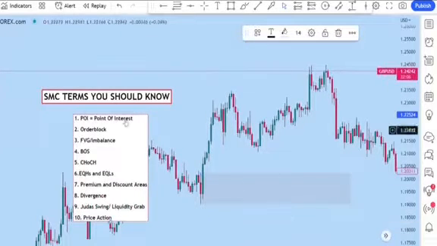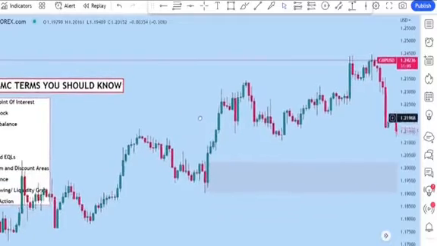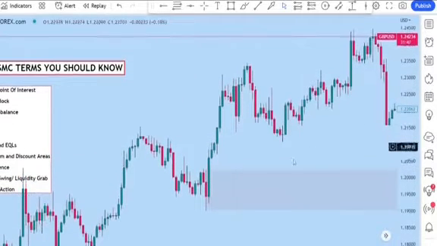The next one is an order block. We have two types of order block. We have a bullish order block and a bearish order block. What exactly is a bullish order block? Like I've mentioned, in this particular place you can see this is a downtrend, and the last red candle I marked right here, let me make it more visible so you can see. This last candle I marked with this color.